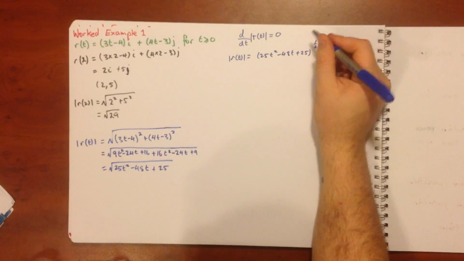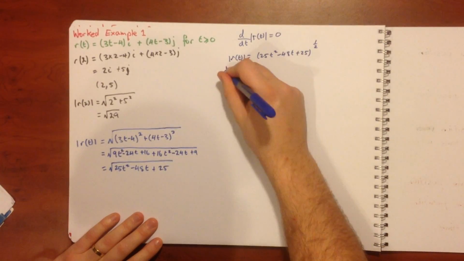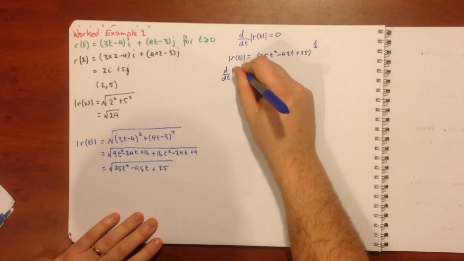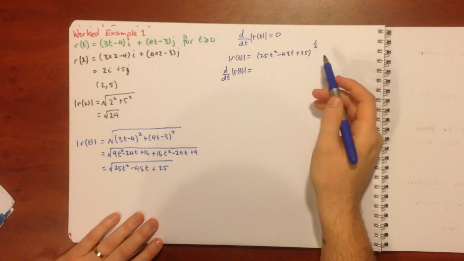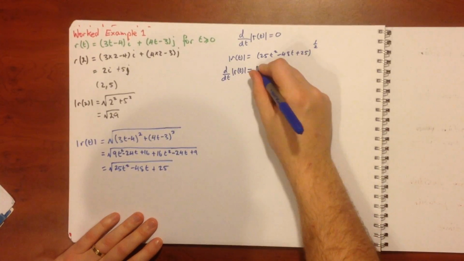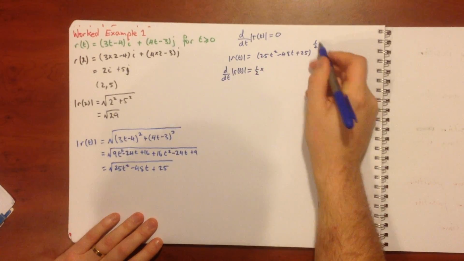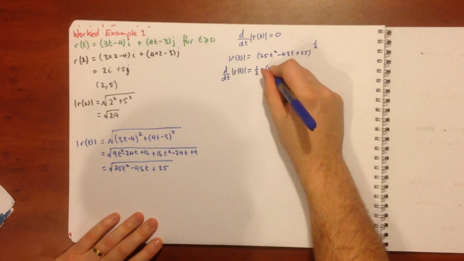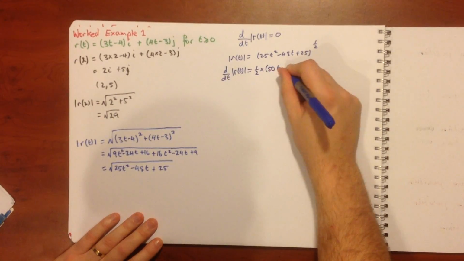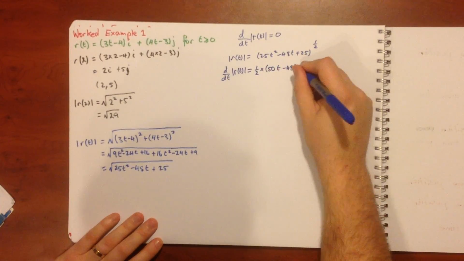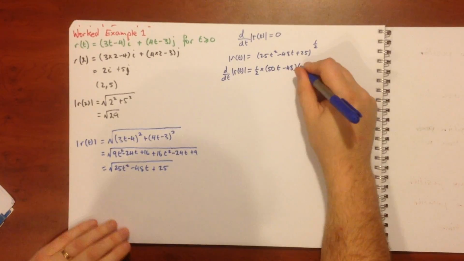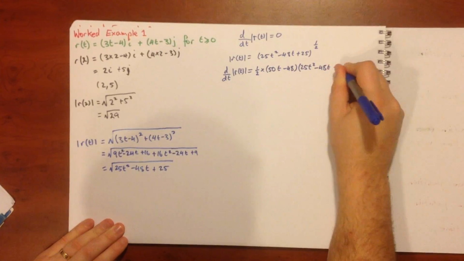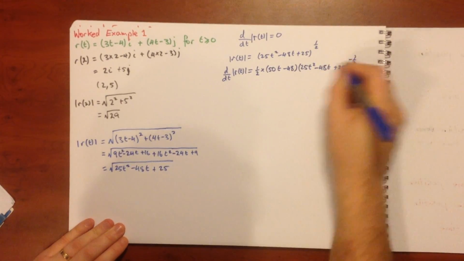Okay, so we need to find the derivative of this, d of modulus r of t, dt. Okay, so we need to use the chain rule here. So we'll have a half, and we bring down our power, times by the derivative of what's in here, which is 50t minus 48, times by what we've got in here, (25t squared minus 48t plus 25) to the power of negative a half.